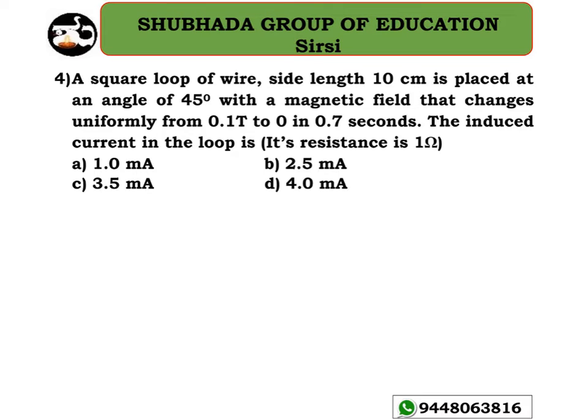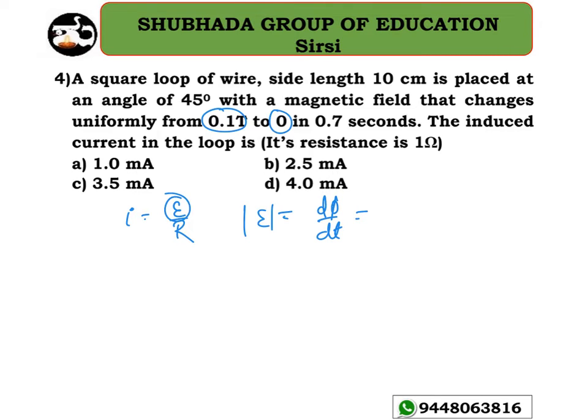Okay, see, clearly the value of the magnetic field is changing here, correct? The question is to find the induced current I equal to E divided by R. So I need to calculate the value of induced EMF here. E equal to minus d phi by dt, or in magnitude it is d phi by dt, correct? And here the area is constant.